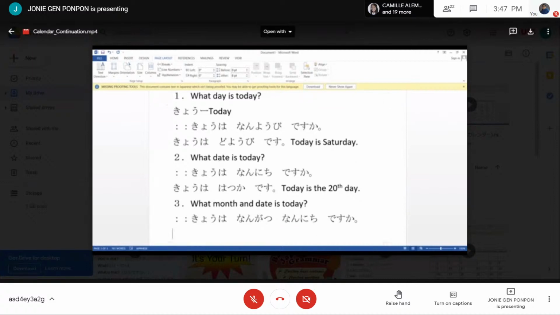To answer that, of course, the same. You will replace the nangatsu here with the month and the nannichi with the date.